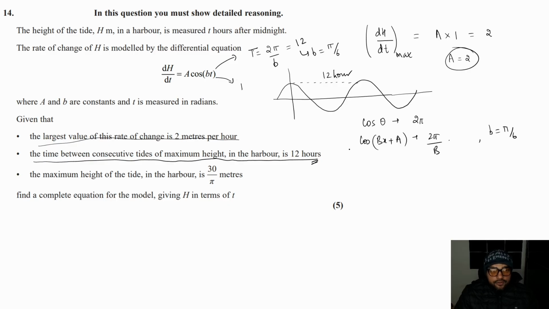If we write it again, we'll get A cos bt, that is 2 cos of pi by 6 t. This is the whole equation which you'll be getting after deducing this value.